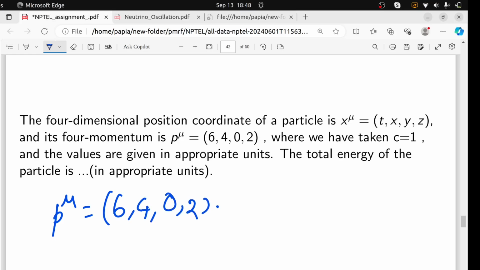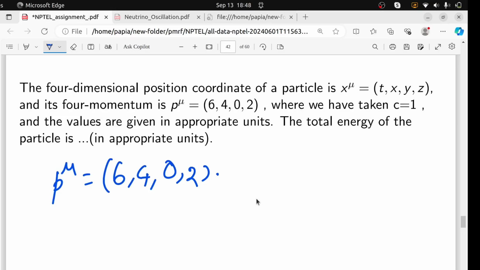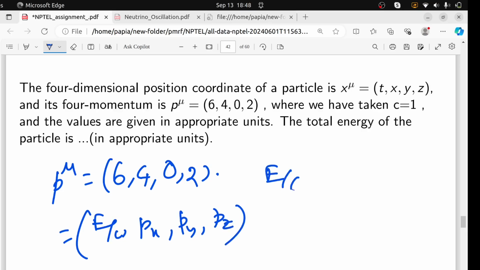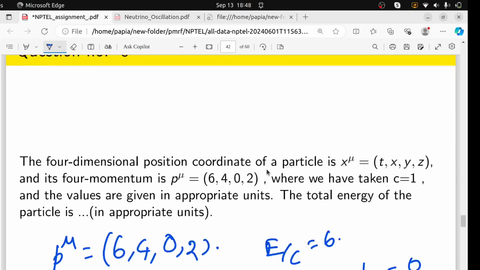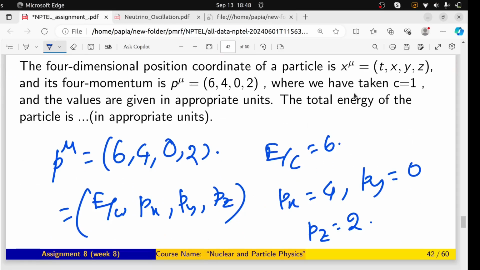6402. These are all in appropriate units. That means E by c, Px, Py, Pz. E by c is equal to 6, Px 4, Py 0, Pz 2. Okay, and c is equal to 1.